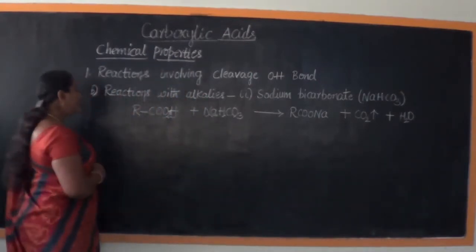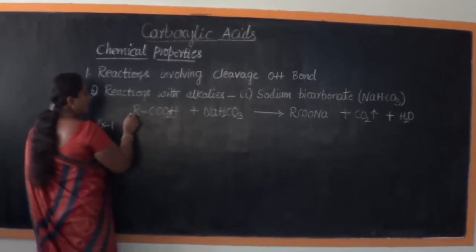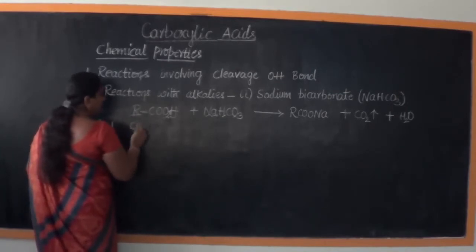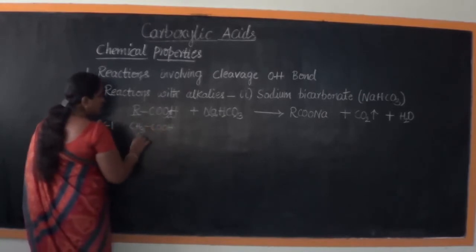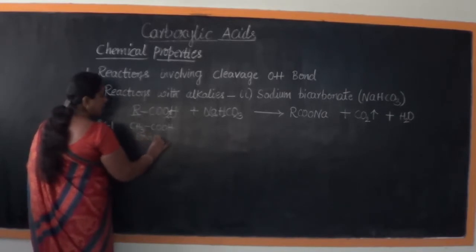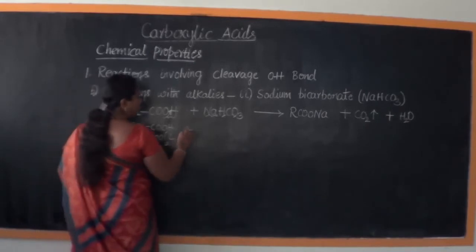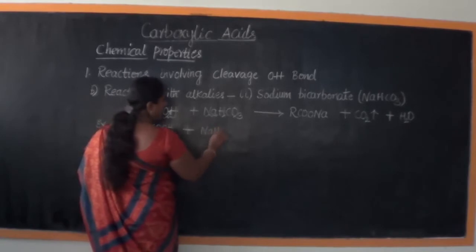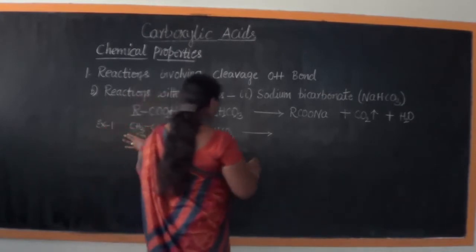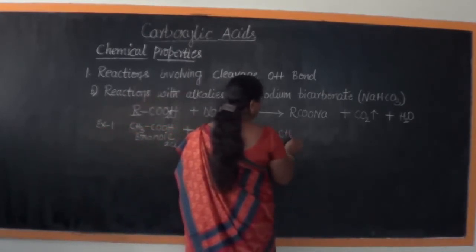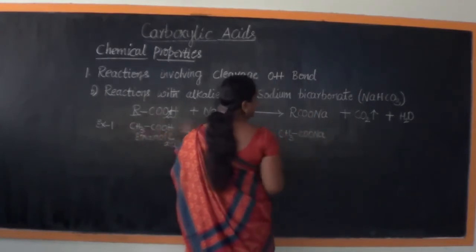So now let us write and find out the example cases for this. First example, let me replace R with CH3. CH3COOH. What is the name of this compound? Ethanoic acid. Ethanoic acid, when treated with sodium bicarbonate forms CH3 as it is, COO as it is, and in the place of H it is going to be Na.